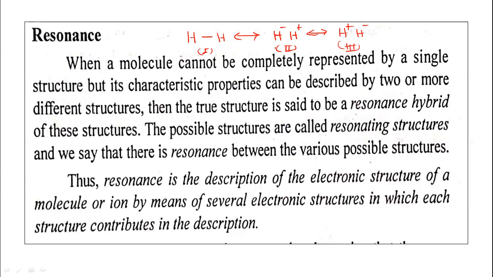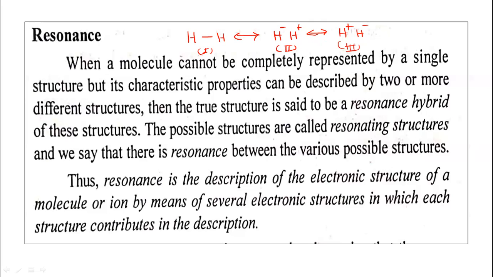The first structure is a covalent structure, covalent bonding. The second and third structures represent the ionic. So the true structure of the hydrogen molecule is a mixture of all these three structures, that is covalent as well as ionic.